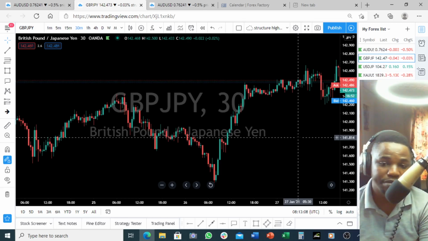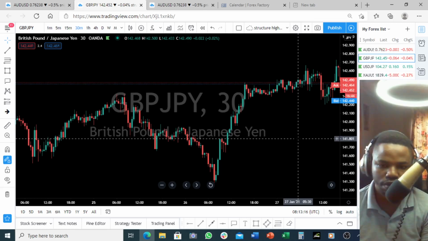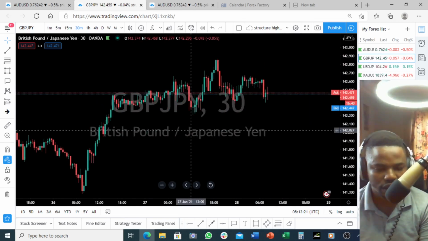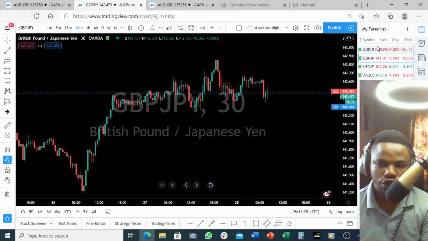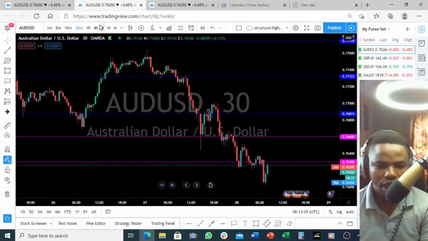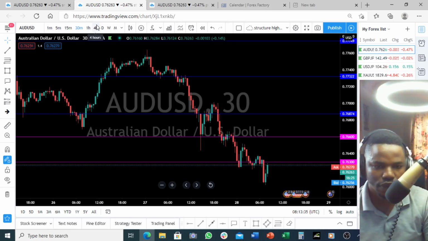I believe that will make it easier for you to understand. Then after, we'll go to a clean chart like this, come back to this chart and mark it. Okay, so AUDUSD, I marked AUDUSD before, guys, and let me show you what I've seen here.